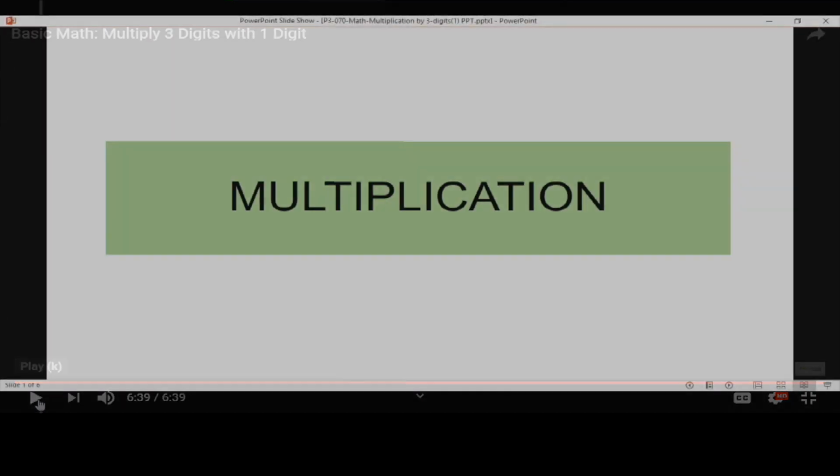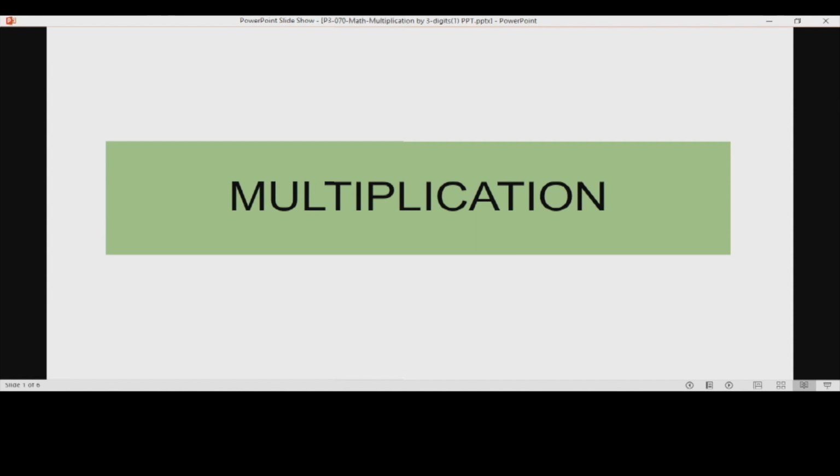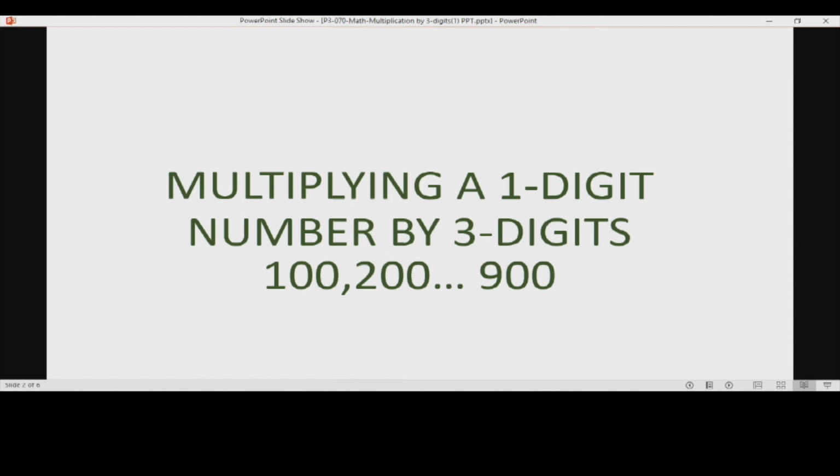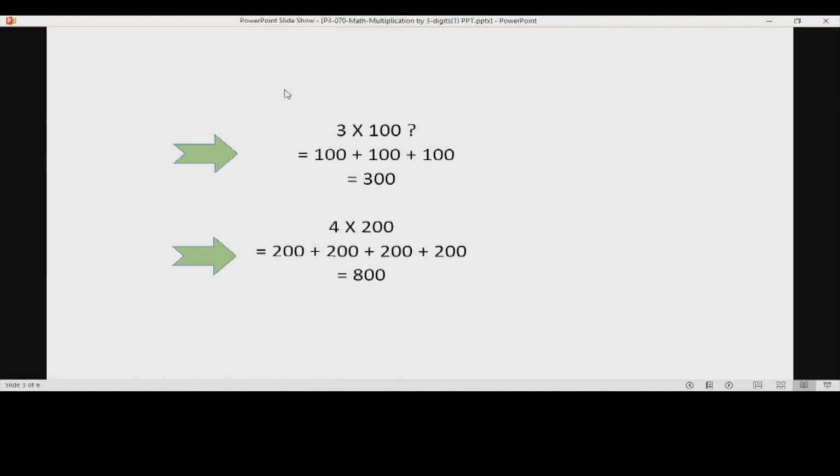Any questions, guys? This presentation is about multiplication. So remember, multiplying a one-digit number by three digits, 100, 200, all the way to 900. 3 times 100 is 300.